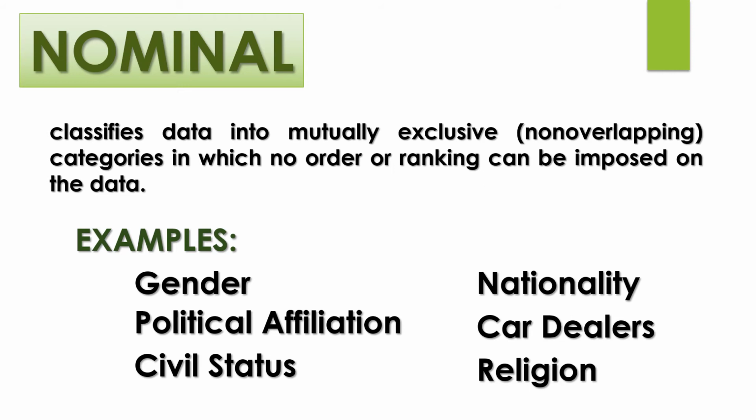Sabi rin dito, it is a measurement scale that involves the process of naming or labeling the items by placing cases into categories and counting their frequency of occurrences. Classifying residents according to zip codes is also an example of a nominal level of measurement.